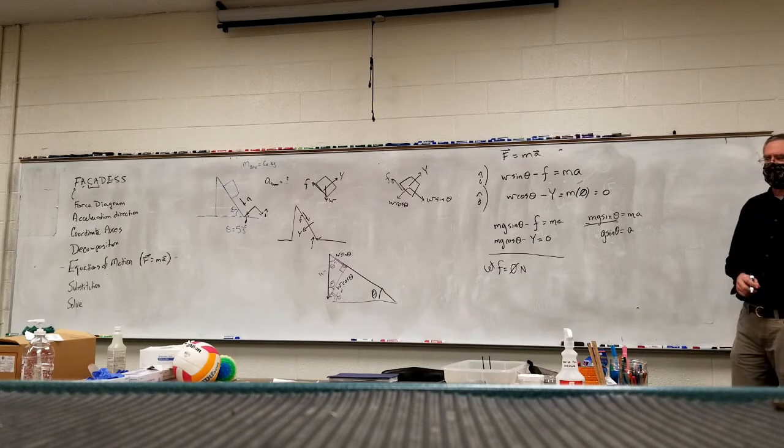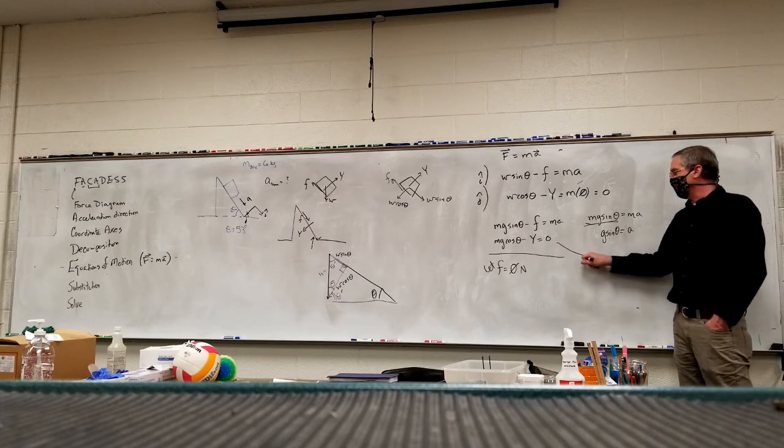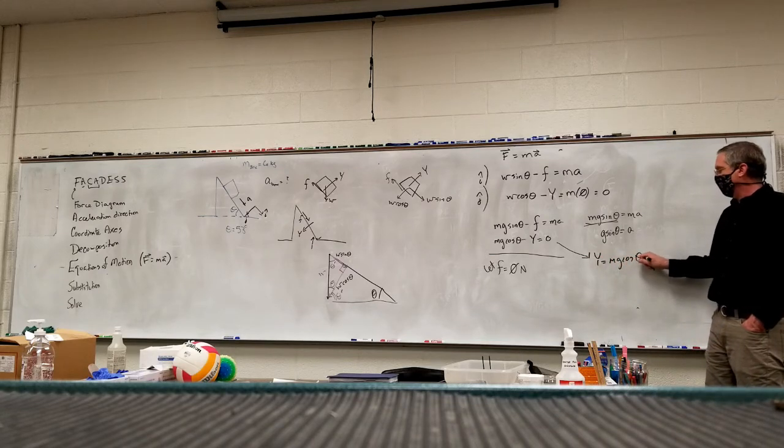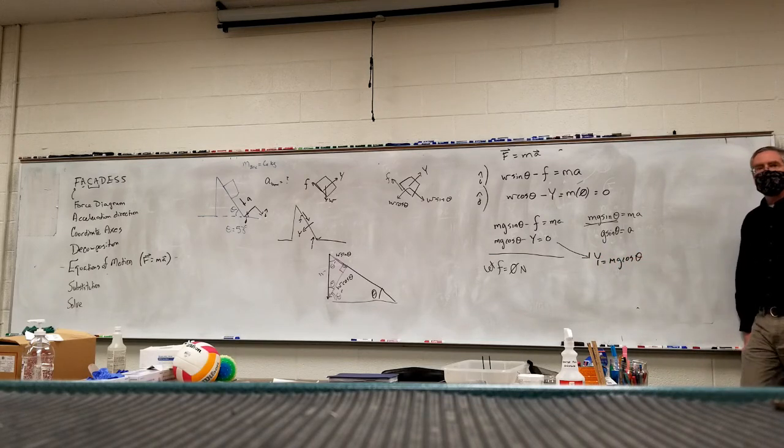Then I asked, what's the theoretical normal force? Well, we got a formula right here. Theoretically, the normal force is equal to mg cosine theta. So we just plug our numbers into those equations? To get the theoretical values, yes.